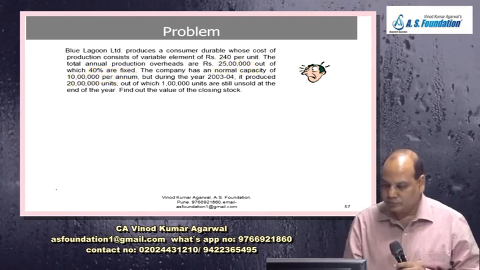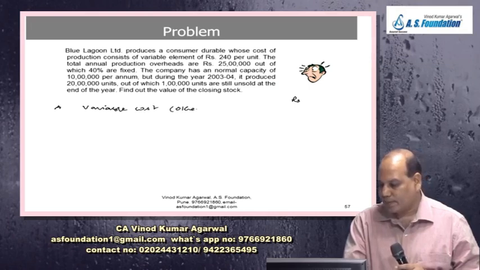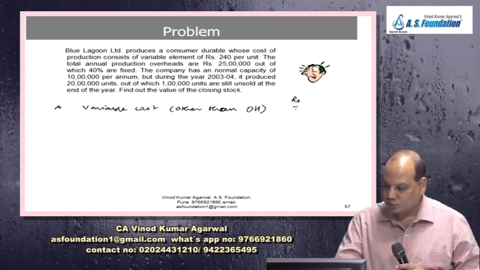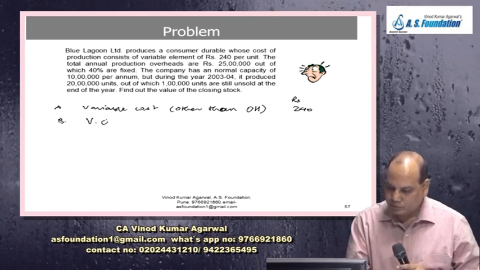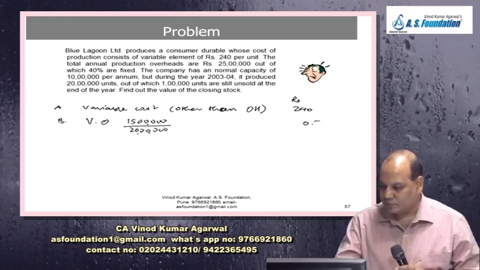So what we'll do, first we will write variable cost. Variable cost means other than overheads, that is 240. And then we have variable overhead, 15 lakh rupees divided by how many quantity? 20 lakh. So 0.75. Then we have fixed overhead.